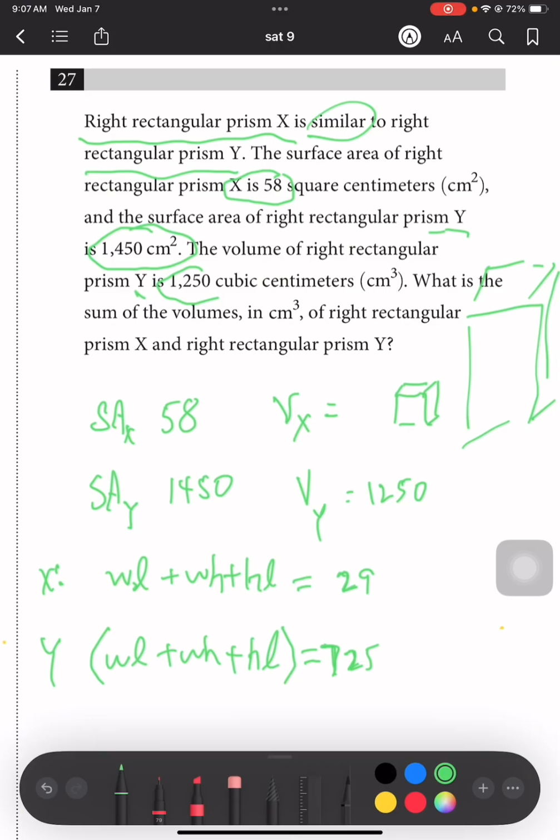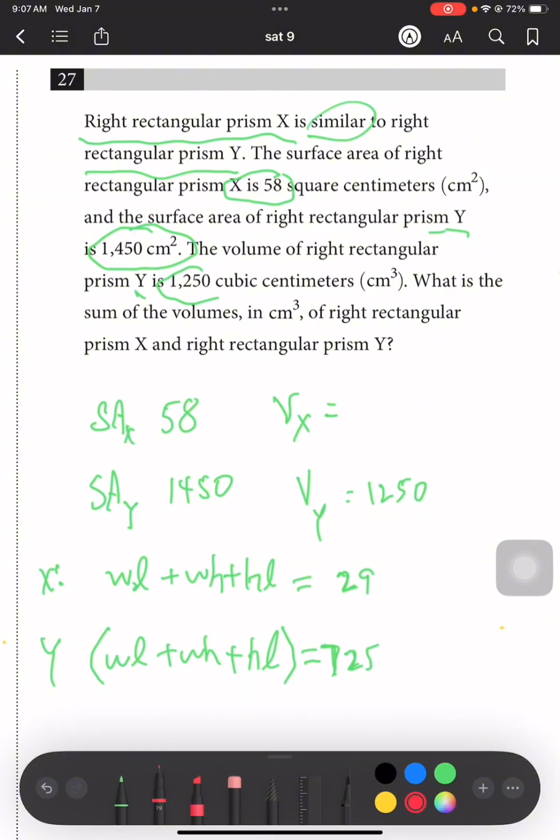So that means the length is up 25. Hold on. The area is up 25. So we multiply by 25. No, we need to divide by 25. Let's erase all this.